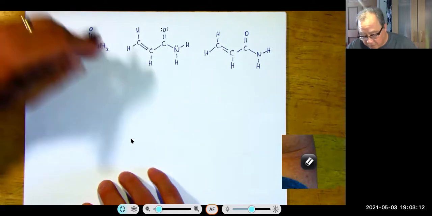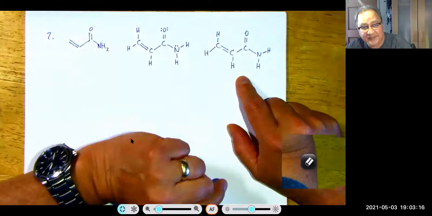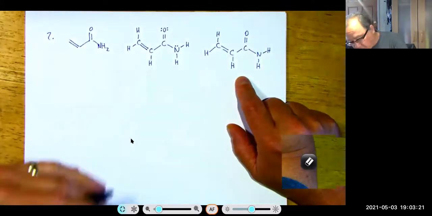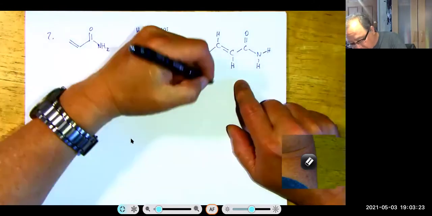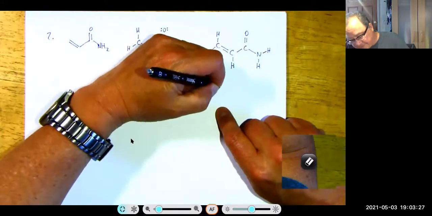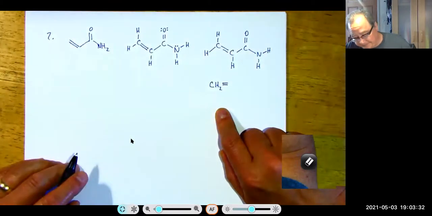Now, the condensed formula, it's probably best to take the structural formula and turn it into the condensed. The condensed is atom by atom. So our first central atom is this carbon, followed by its terminal atoms. We show double bonds in the condensed formula.